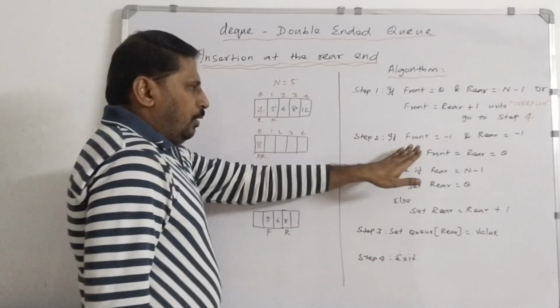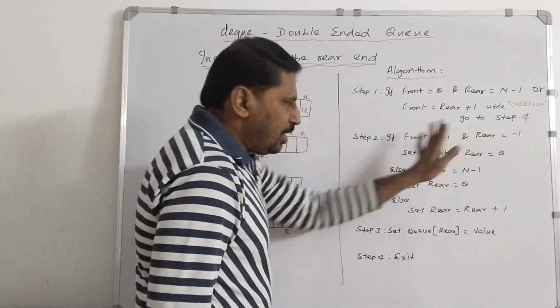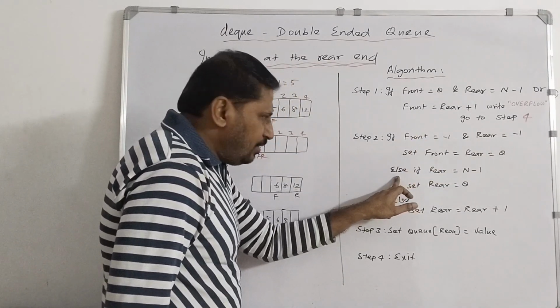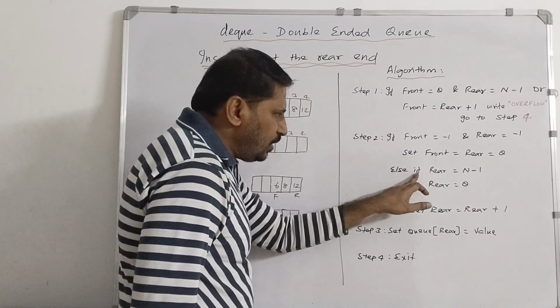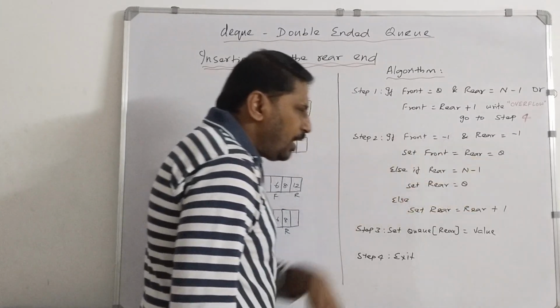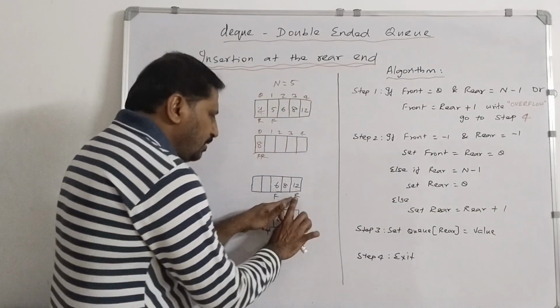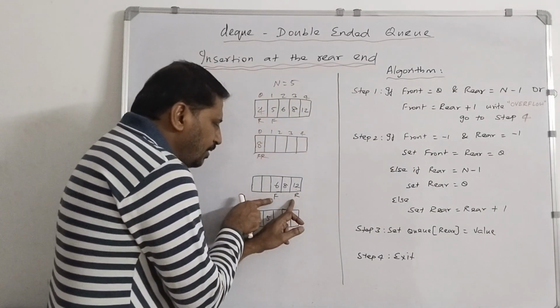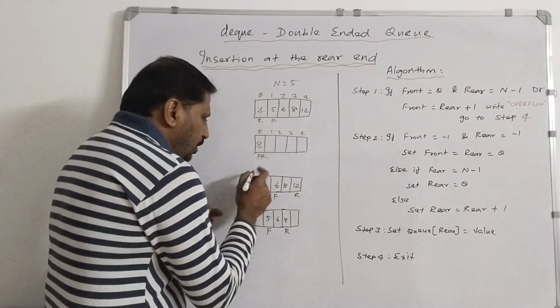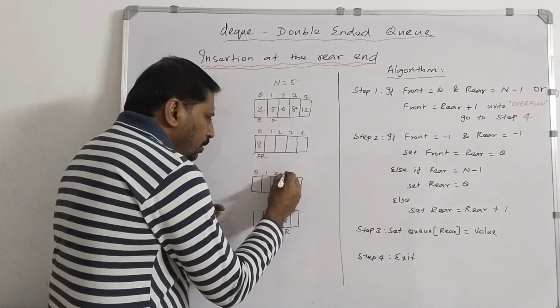If this statement is not true, the control automatically comes to the else if part. In this else if, we are checking whether rear equal to n minus 1. This is the scenario: front is in some other position, rear is in the 4th position, 0, 1, 2, 3, 4.